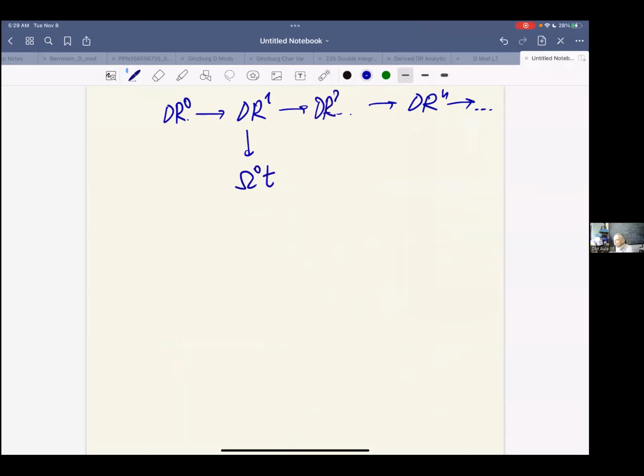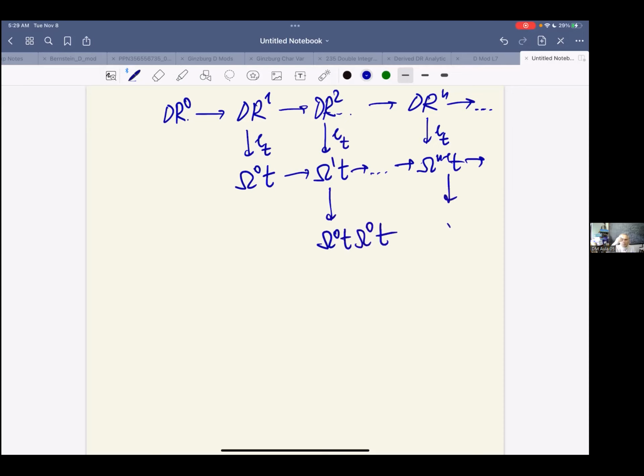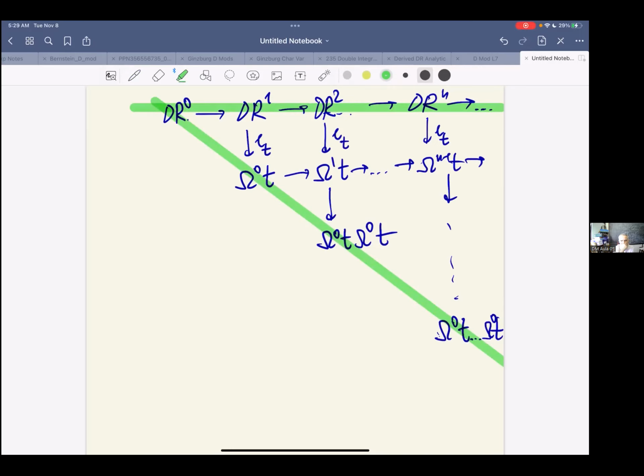So, for example, next will be what? It will be... and then here you will have... so it will be the same format, and it will end on the diagonal by just... actually, well, so this diagonal consists of what?